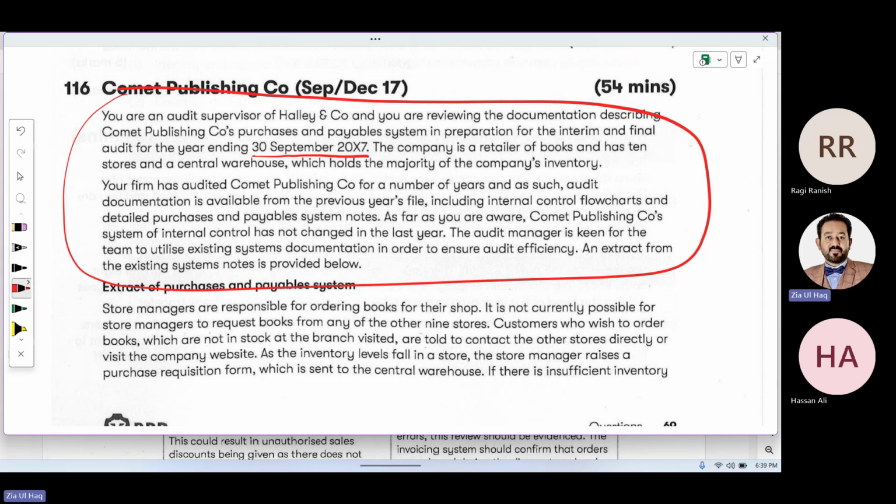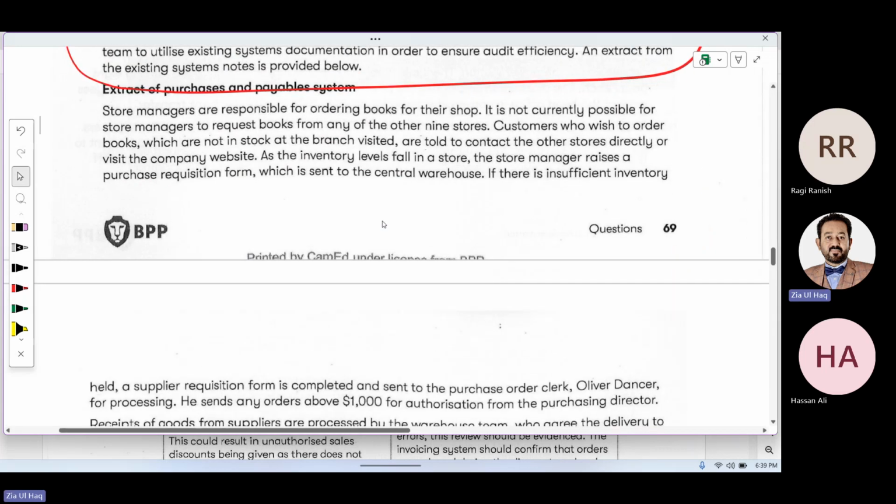But isn't there a risk that they have changed? Now you have assured that there is no change as compared to the previous year. Extract of the purchase and payable system: from where we need to identify weaknesses, provide recommendations, and for that recommended control, write down the test of control.